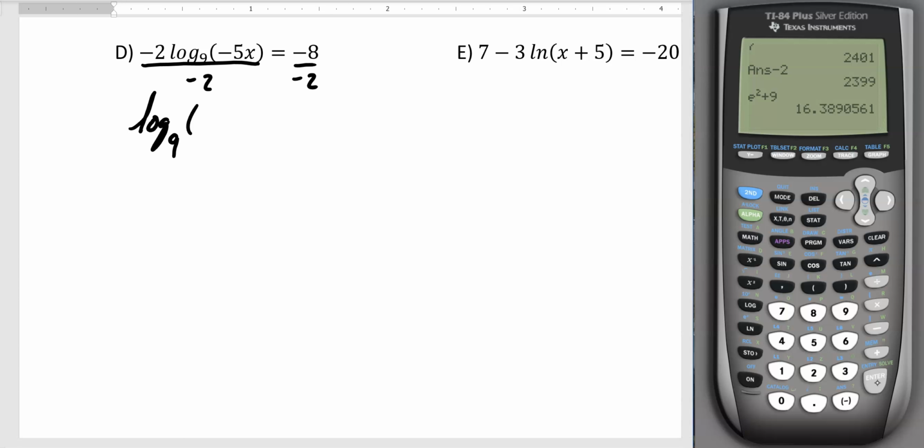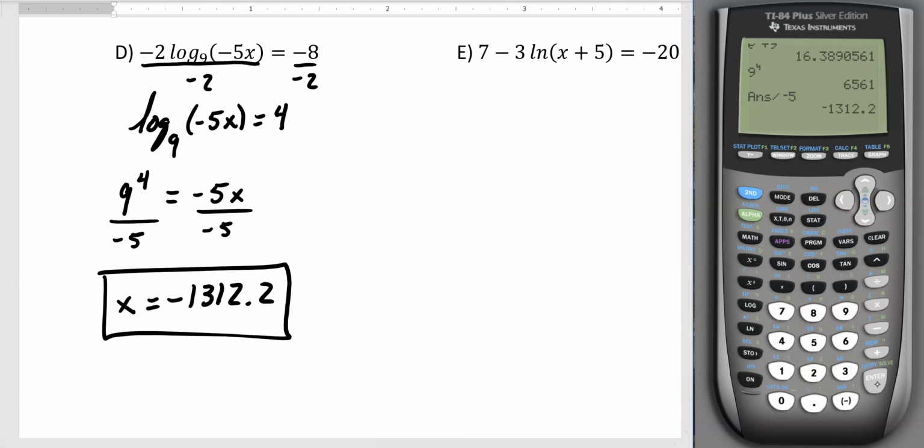Divided by negative 5, I get negative 1,312.2. Now notice, if I put in a negative value for x here, it'd be a negative times a negative. That would in fact give me a positive, so that checks out.